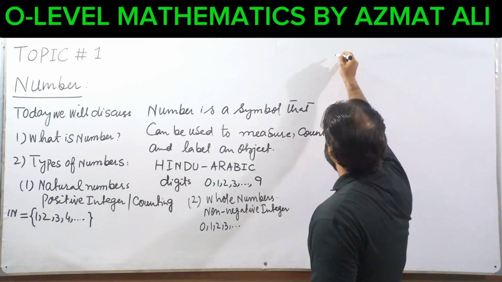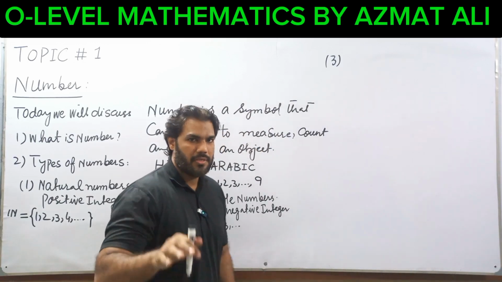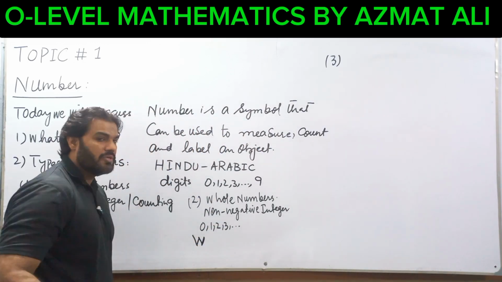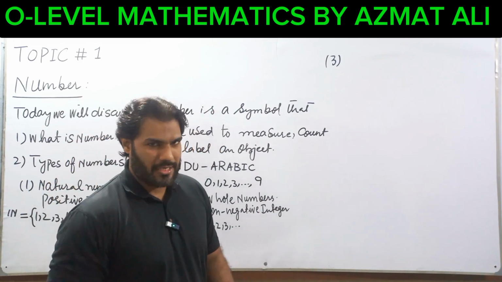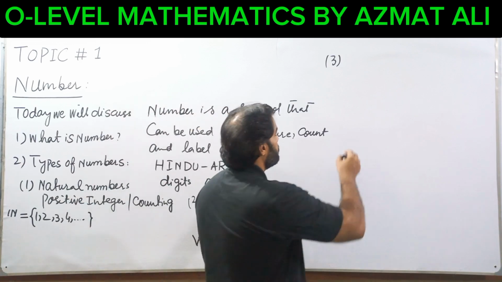The set that consists of whole numbers is denoted by W, which we will discuss briefly in incoming lectures. The third type is integers.